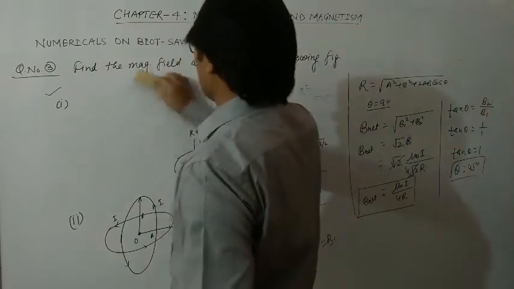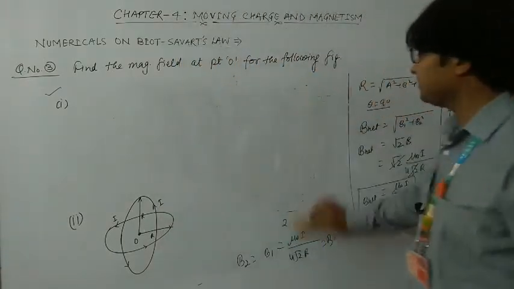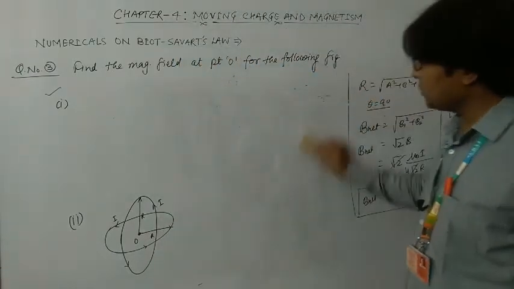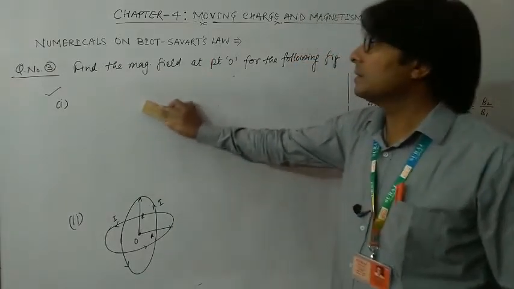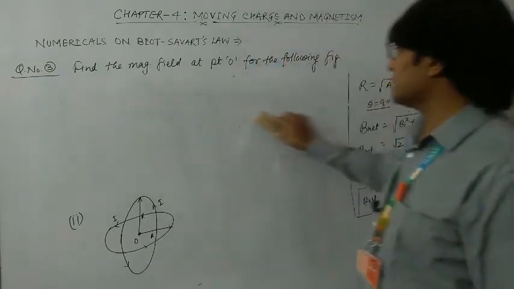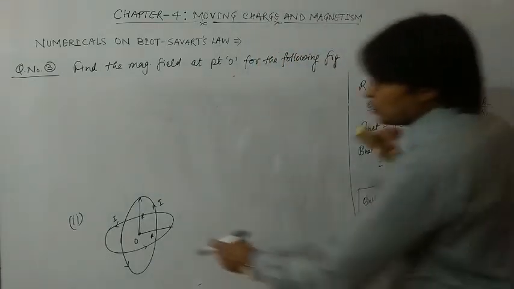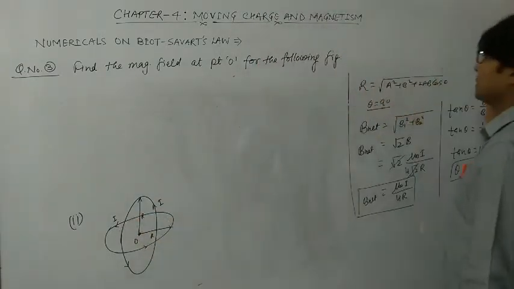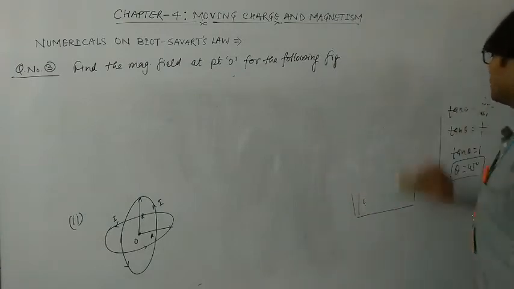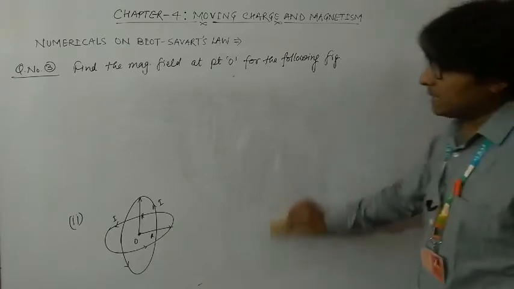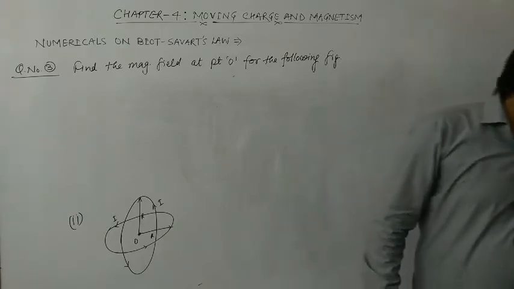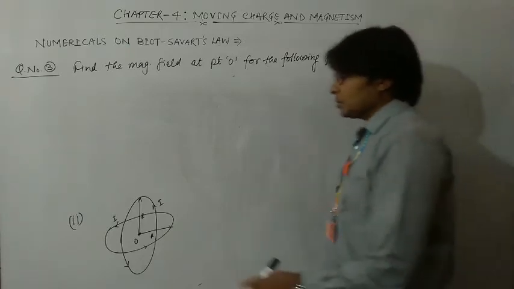So for the second part of this question, as you can see, this point O is the concentric point, or we can say the center of both the circular loops. You can see from the diagram, the current is the same, and in fact the radius is also the same.